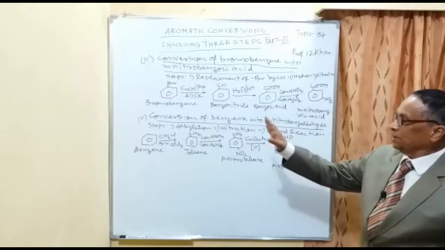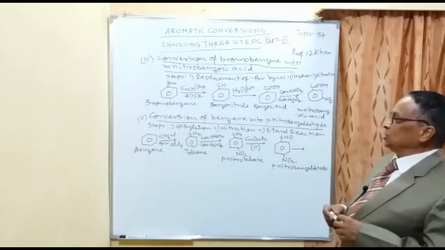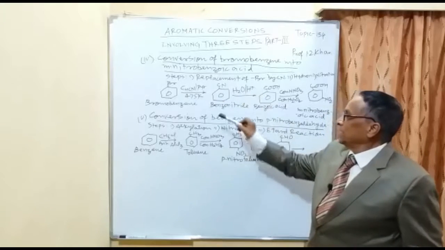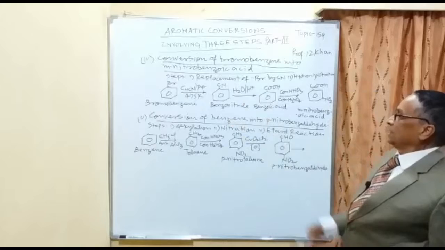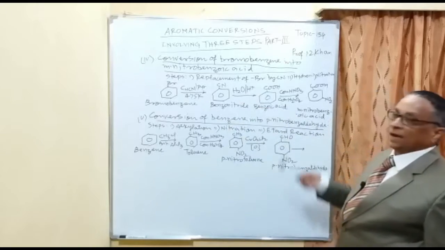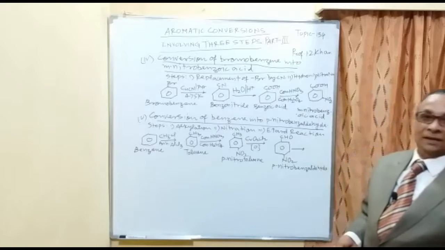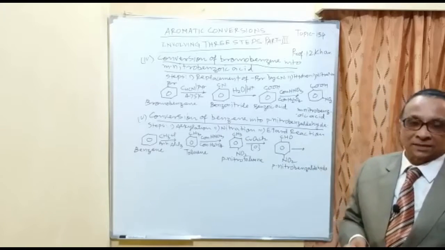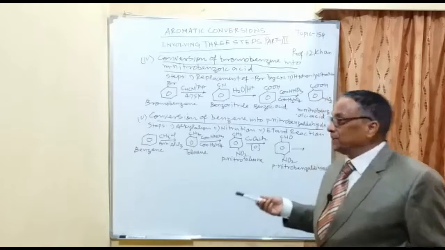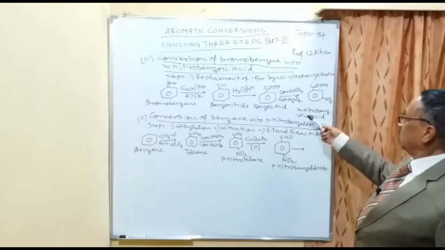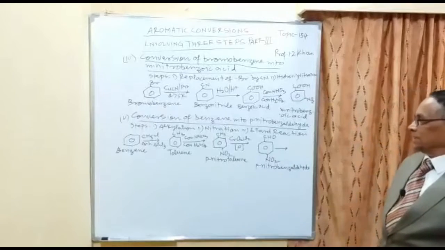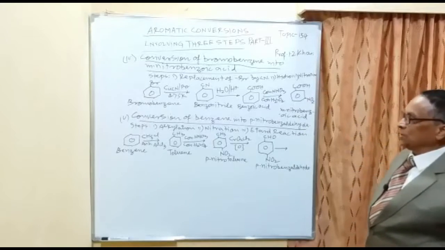So in the first step, bromobenzene is treated with CuCN, where bromine is replaced by the CN group, and you will get benzonitrile, which is subjected to acid hydrolysis, and then it is converted into benzoic acid. And when that benzoic acid is treated with a nitrating mixture, that is concentrated nitric acid and concentrated sulfuric acid, nitration will take place and it will be changed into m-nitrobenzoic acid. At the meta position, a nitro group is there. That's why it is called m-nitrobenzoic acid.